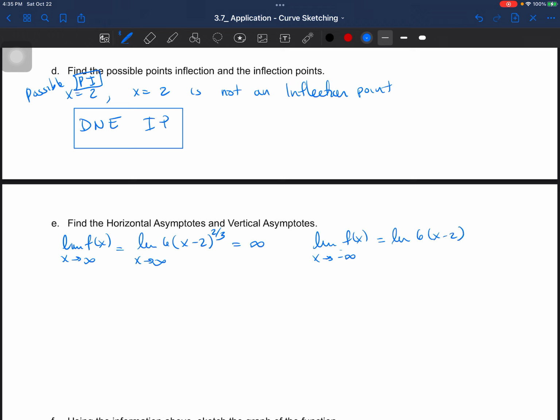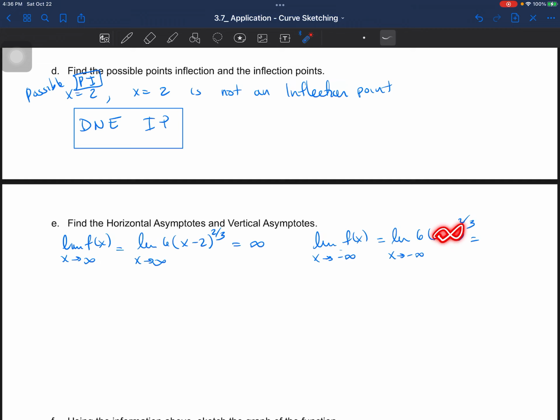Let's try the next one, as x goes to negative infinity. So let's see what happens now. You plug in negative infinity here. Negative infinity minus 2 is negative infinity.